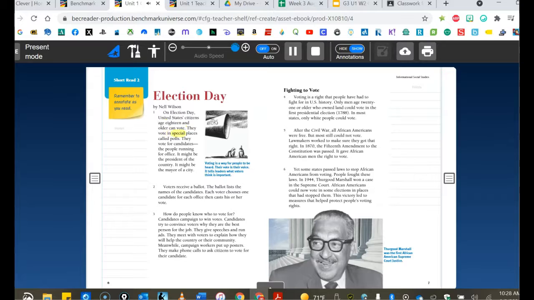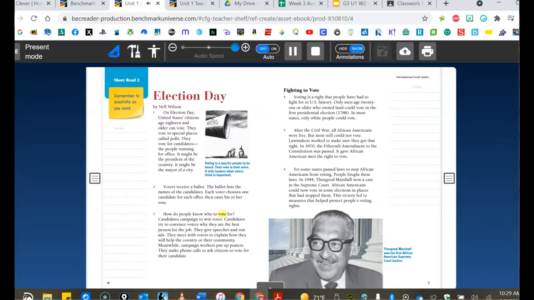They vote in special places called polls. They vote for candidates, the people running for office. It might be the president of the country. It might be the mayor of a city. Voters receive a ballot. The ballot lists the names of the candidates. Each voter chooses one candidate for each office, then casts his or her vote.